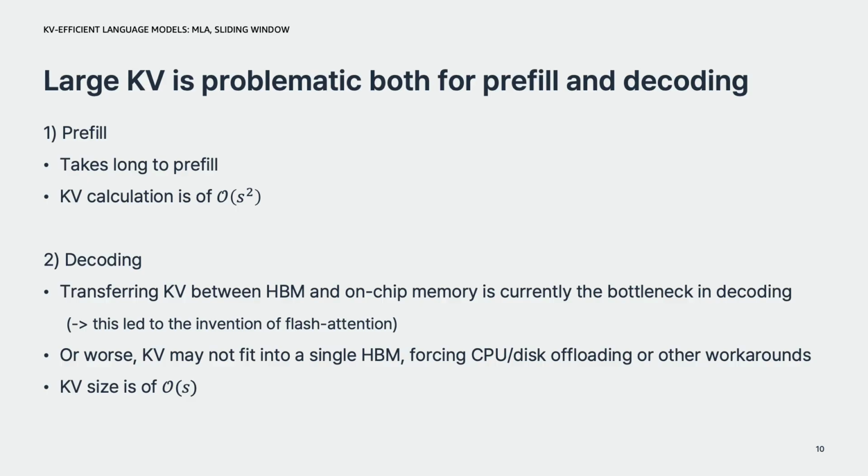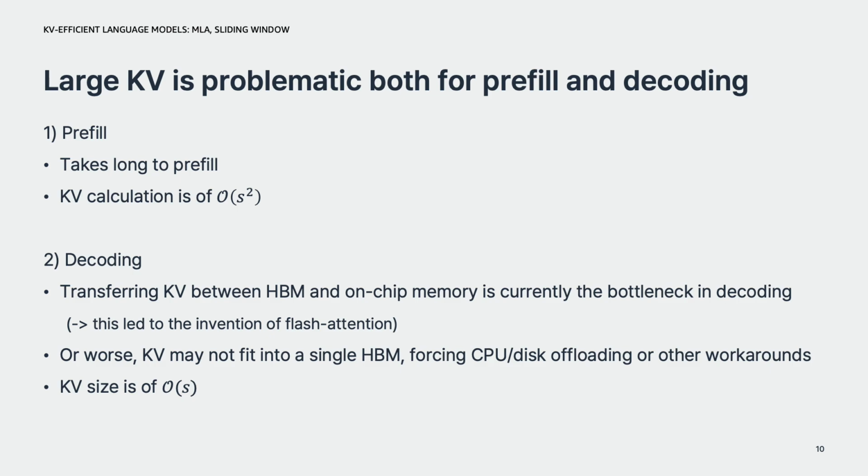And this has led to the invention of flash attention. Or in some cases, KV may not fit into a single HBM, and this will force other techniques such as CPU or disk offloading. Obviously this would be much, much slower than just transferring KV between HBM and the chip.